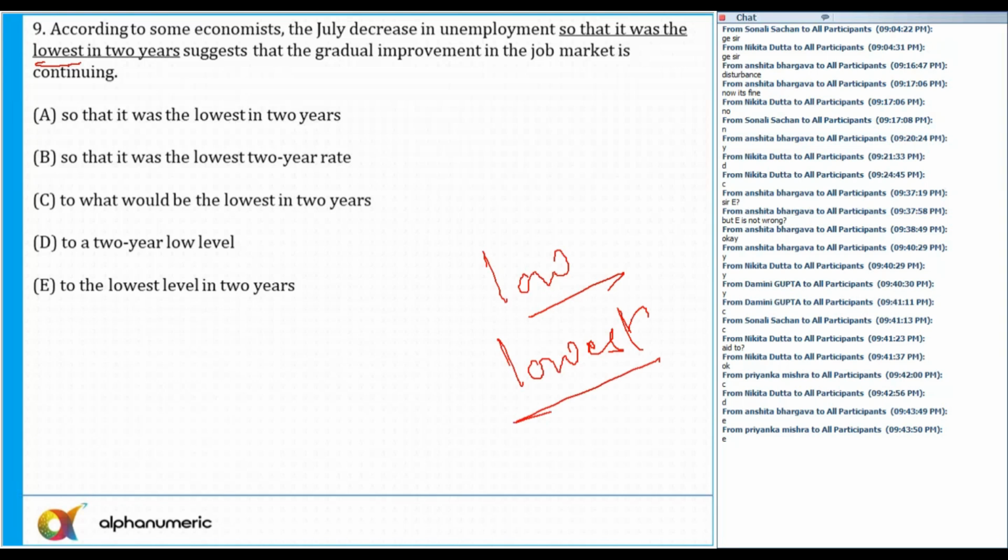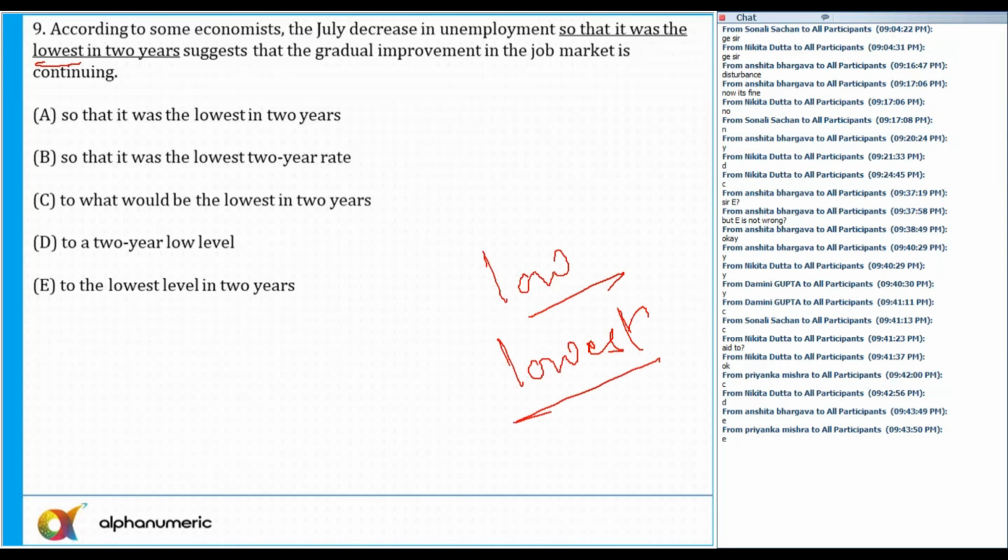It is a 2-year low level. Okay, in 2 years it has become low. That is the meaning of number D. But it does not signify that it is the lowest level. In all these 2 years, this level has never been reached. So it is important that we use the word lowest and not just low.